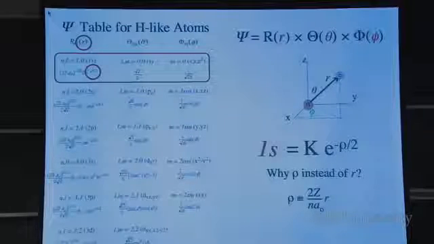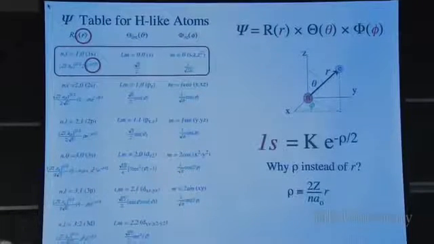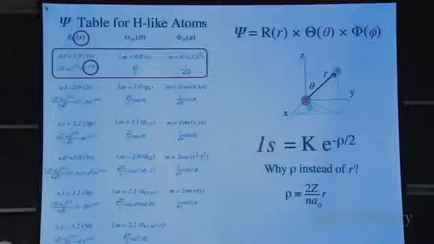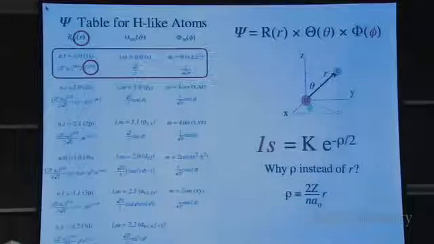Rho, the Greek version of r, is defined as r times a constant. The constant is twice the atomic number divided by n, the quantum level n, times that distance a0. And why do you do it that way? It's because if you do it that way, then the same rho works no matter what the nuclear charge is and no matter what n is.